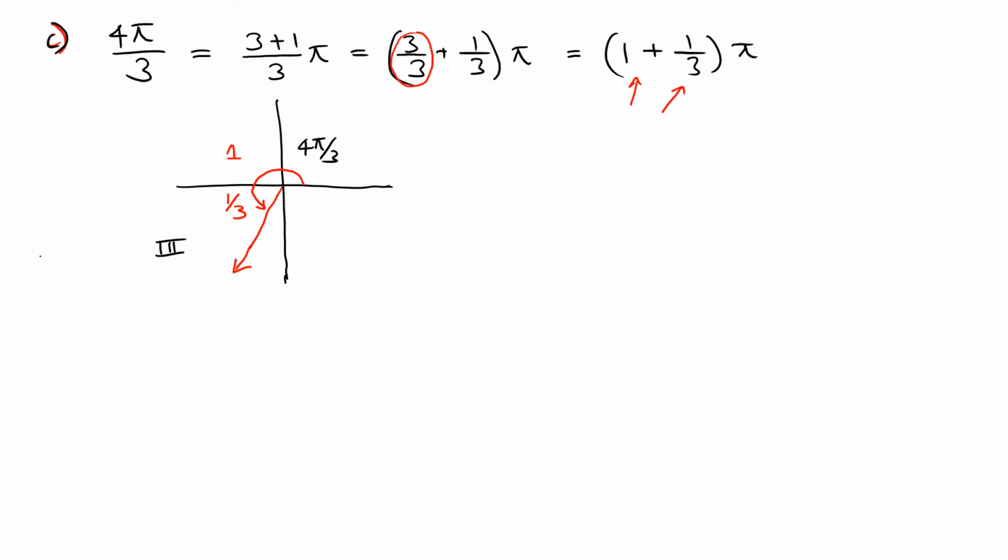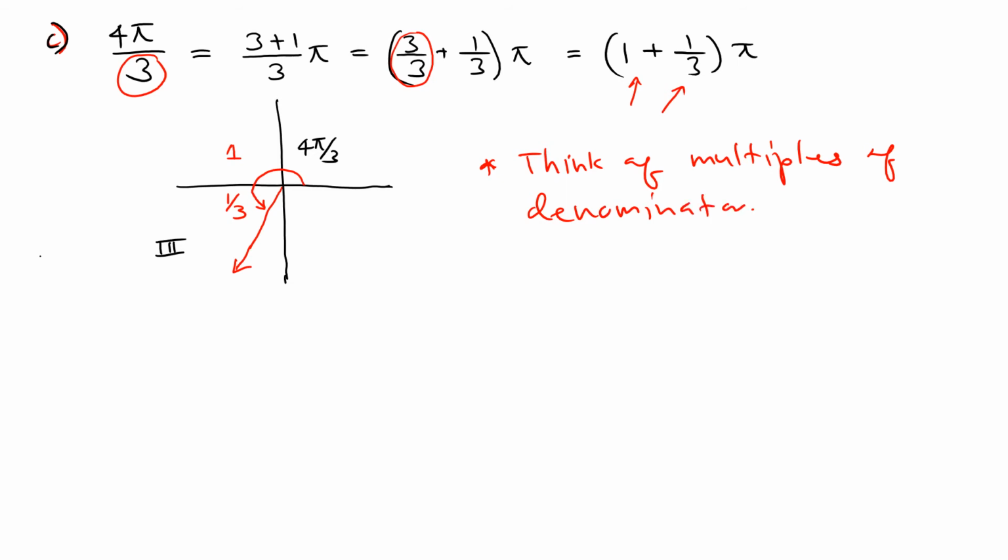So the other method is you can count. We can think of multiples of the denominator. So the denominator is 3. So we can count multiples.